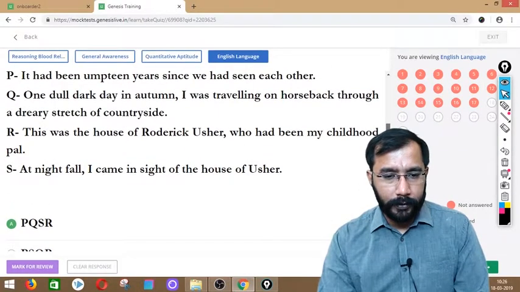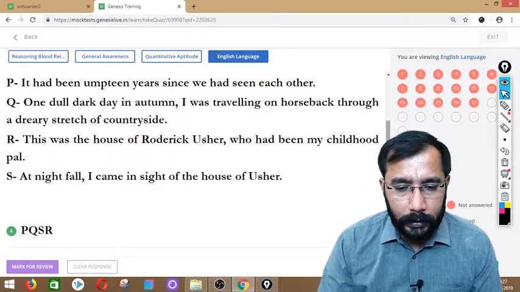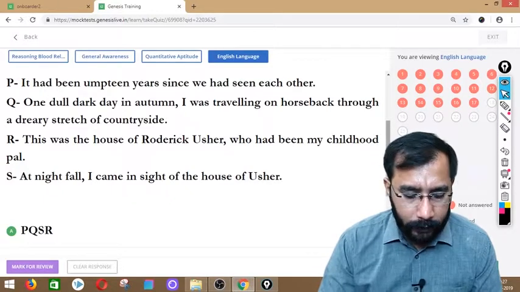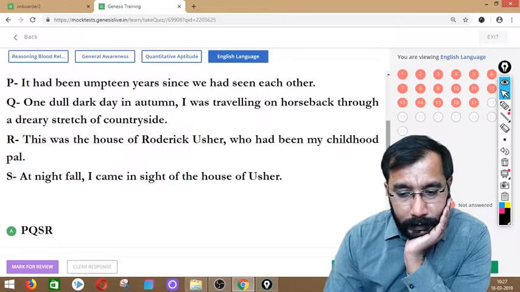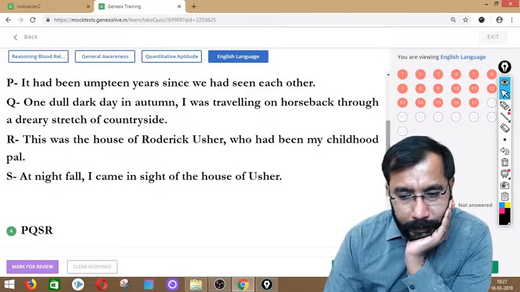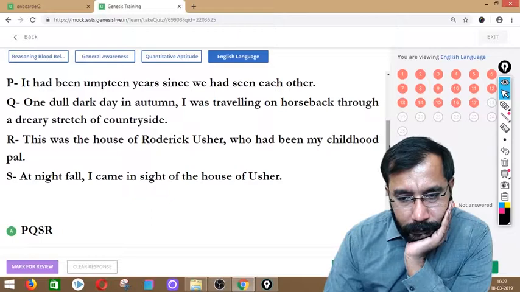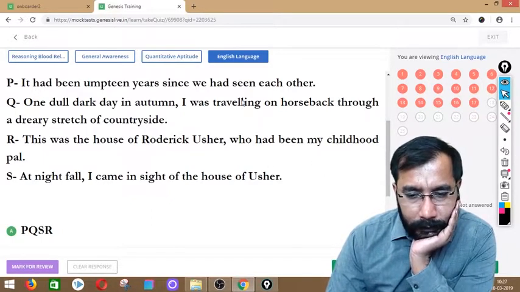So after Q: one dull dark day in autumn, I was traveling on horseback through a dreary stretch of the countryside. And at nightfall I came in sight of the house of Usher. This was the house of Roderick Usher, who had been my childhood pal. It had been umpteen years since we had seen each other. That sounds like the right kind of flow.